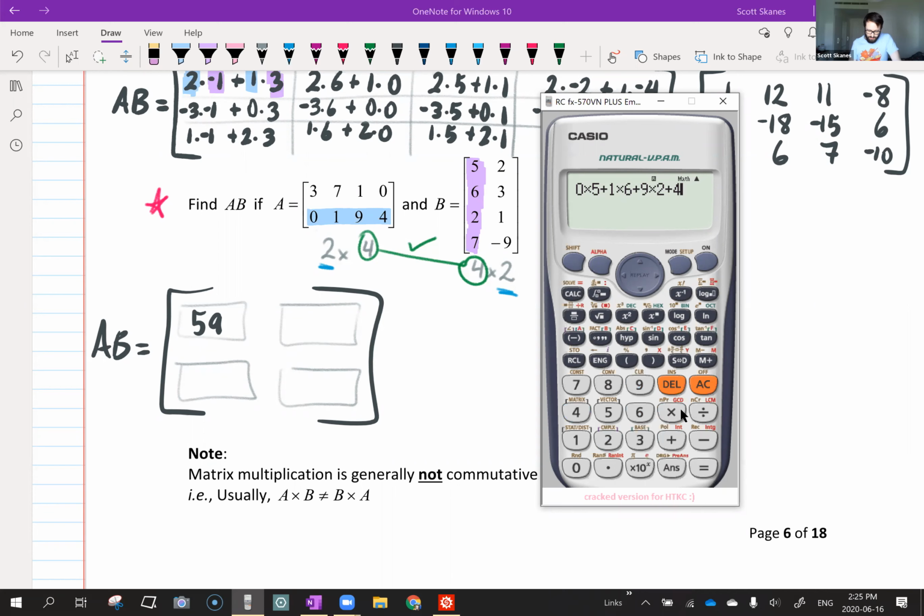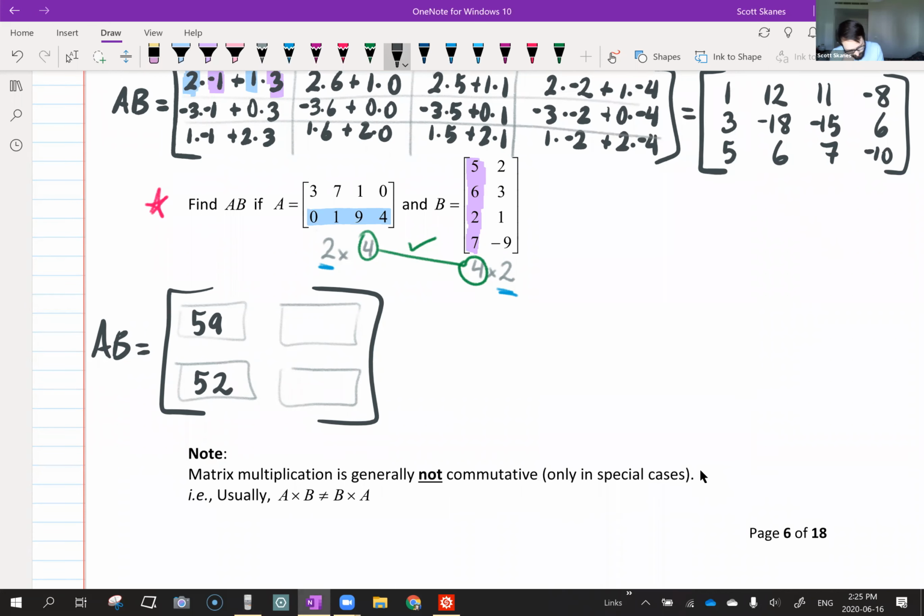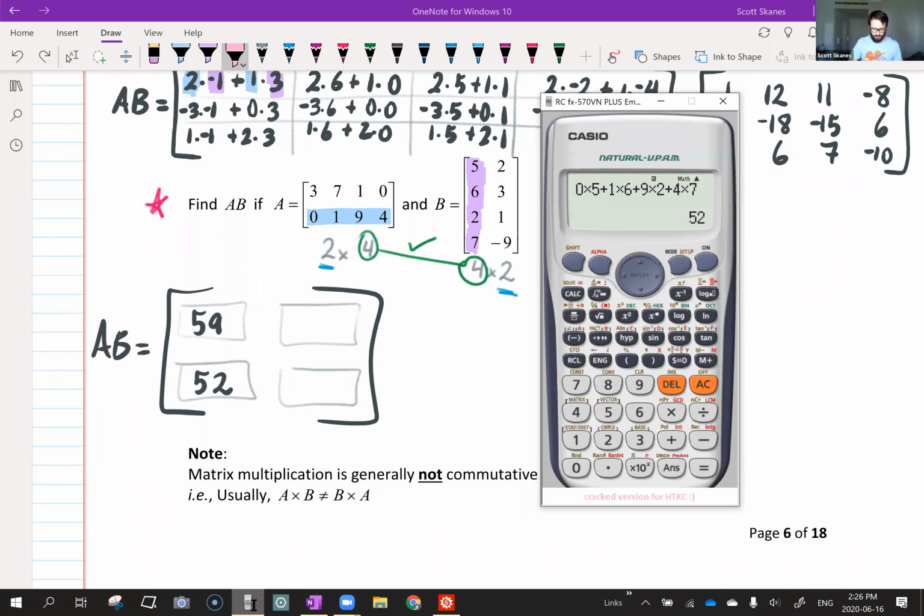Plus my 4 times 7. The answer is going to be 52. So you can see it's going to be 52. How do I know it's that one? Because look, second row, first column, second row, first column, it's where they intersect. Okay, it's going to be right here. Hopefully you can see the logic now.